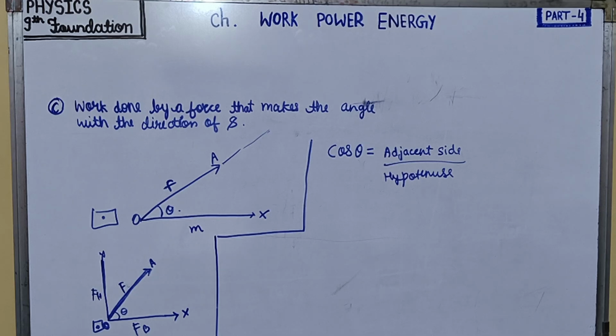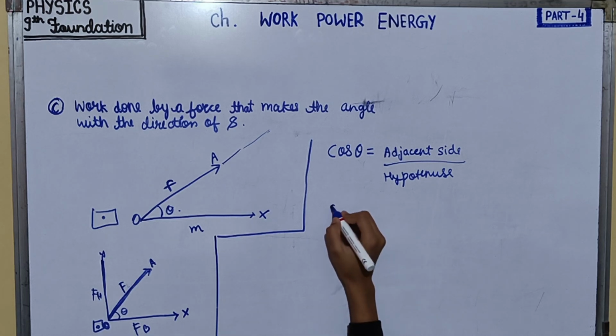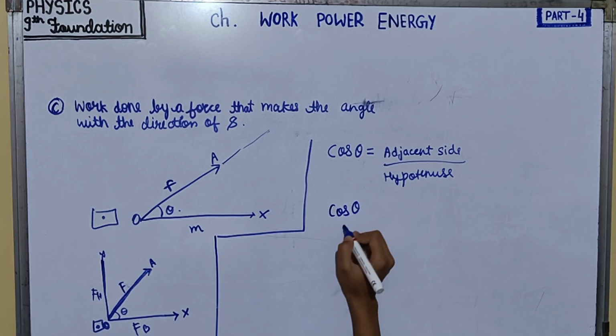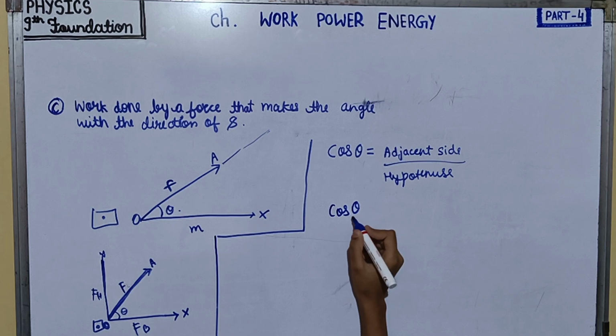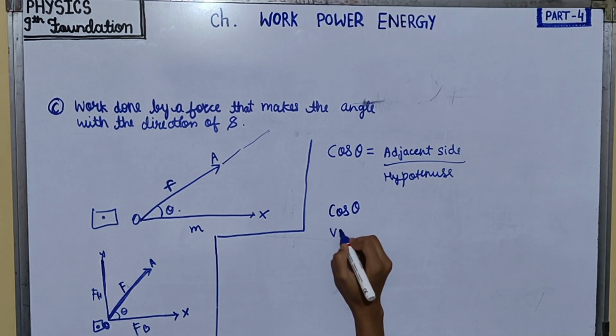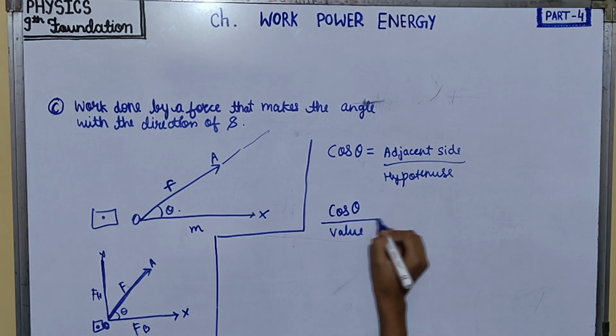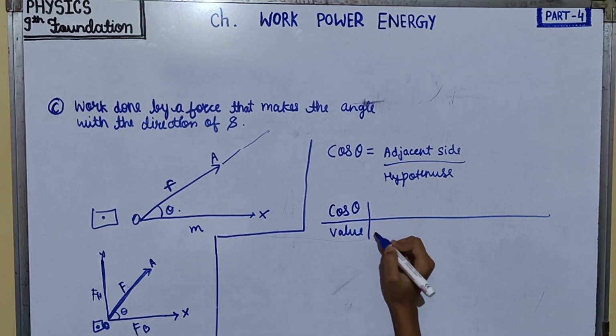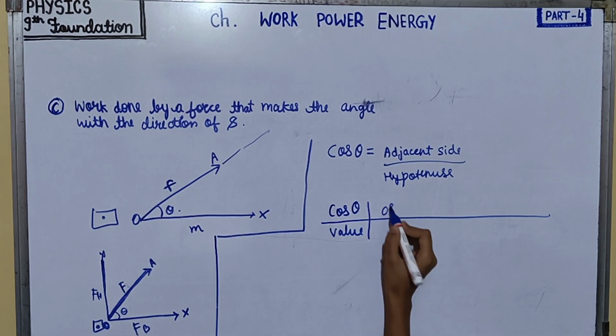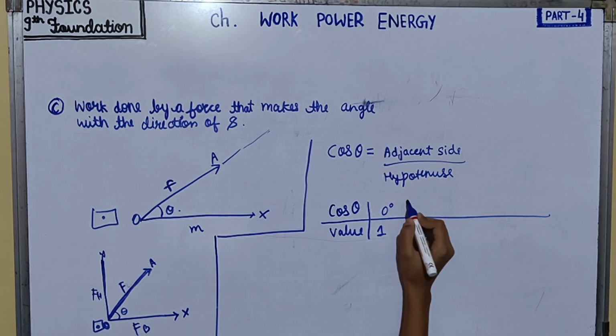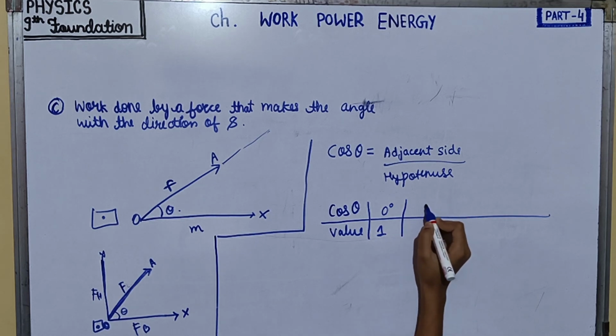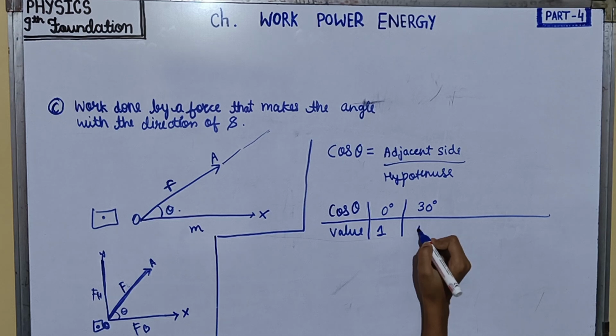Now, from here, there are some values of cos theta and its value. When theta is 0 degree, the value of cos theta becomes 1. When it is 30 degree, the value becomes root 3 by 2.